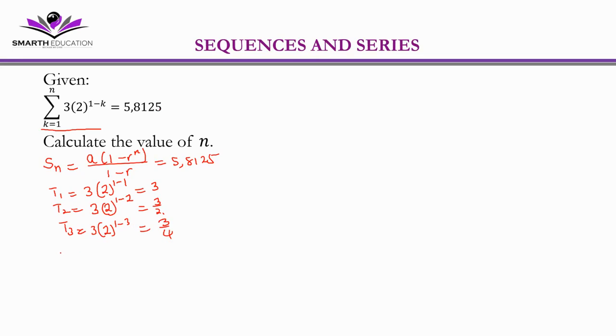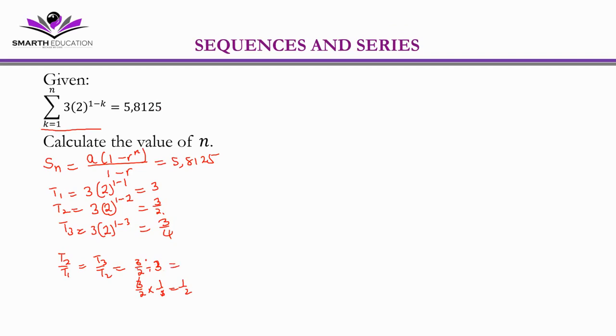And then from this one, you can say T2 divided by T1 is equal to T3 divided by T2, which is 3 over 2 divided by 3. What do you get? 3 over 2 times 1 over 3. We get 3 divided by 3 is 1, so you get 1 over 2.